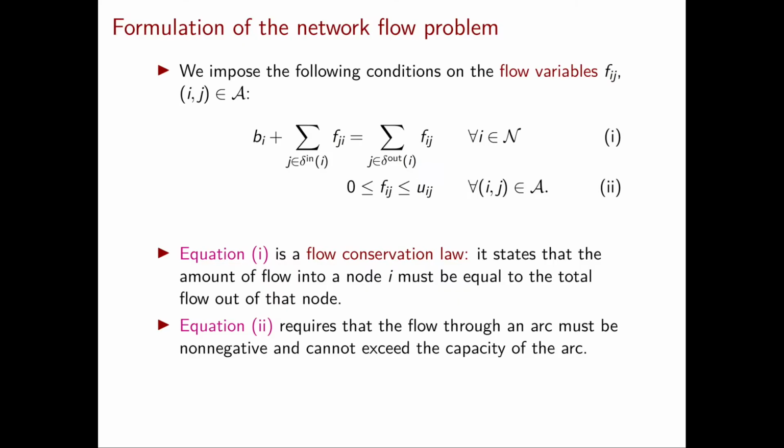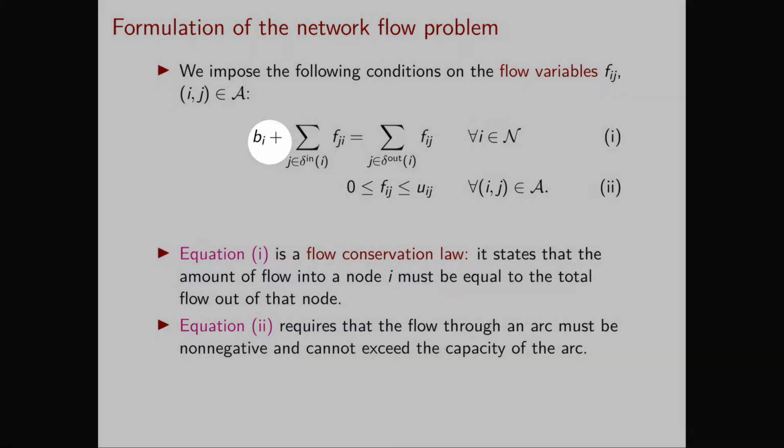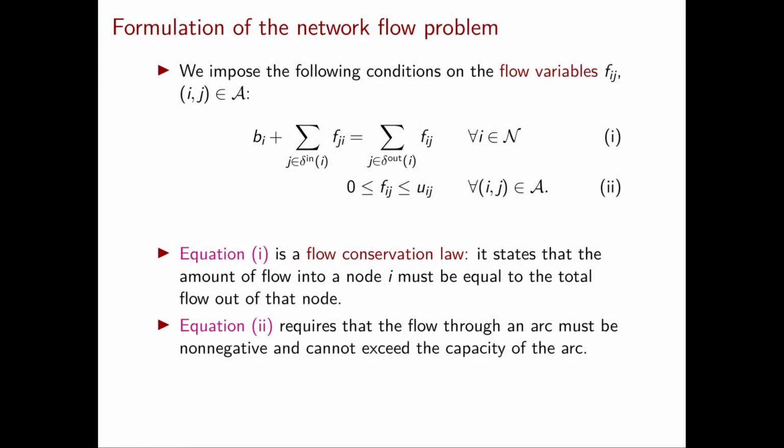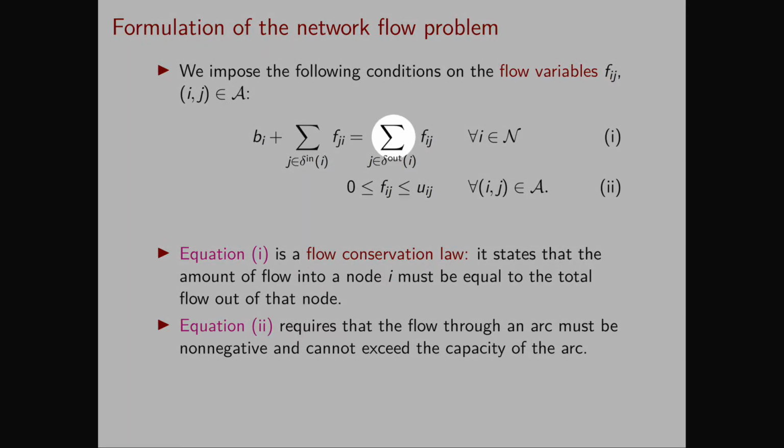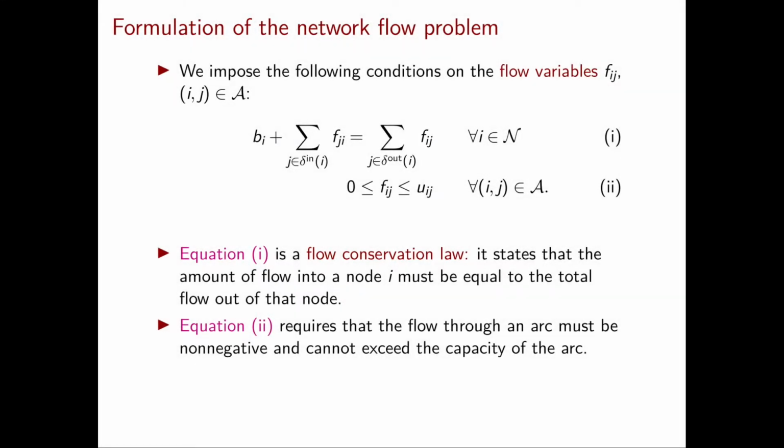We have just seen that b_i is the amount of flow that enters node i from outside the network. So in total, on the left hand side of this equality constraint, we have the total amount of flow that enters node i. On the other hand, on the right hand side, we have the sum of f_ij for every j in delta out of i. And this is precisely the amount of flow that exits node i while remaining inside of the network.